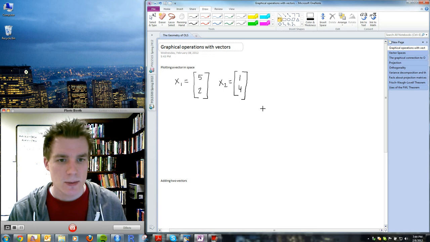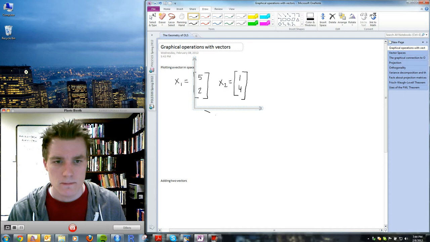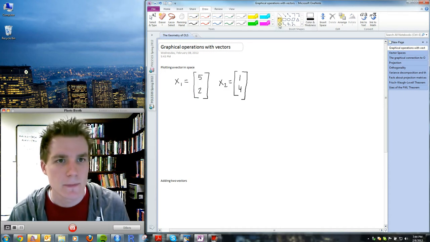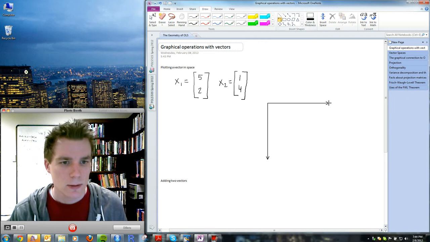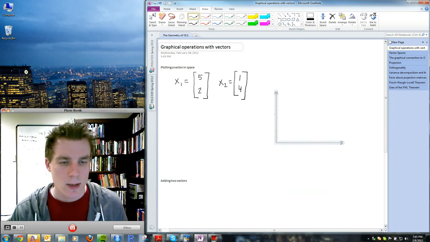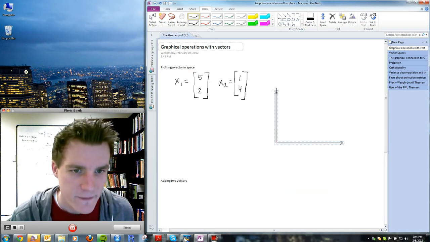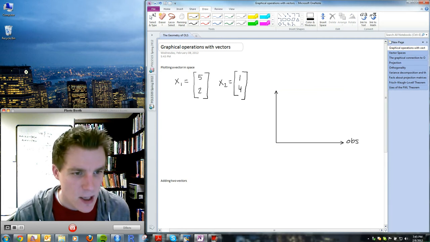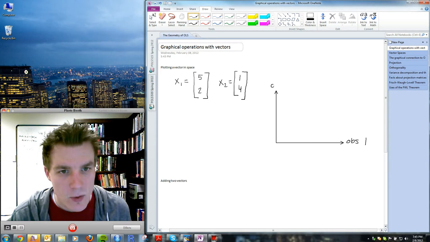I'm going to pull up a graph here, and I'm going to say that the x-axis is observation 1 and the y-axis is observation 2.